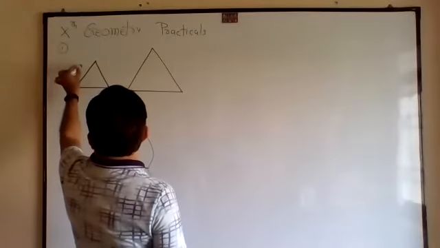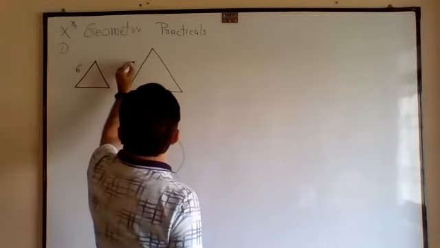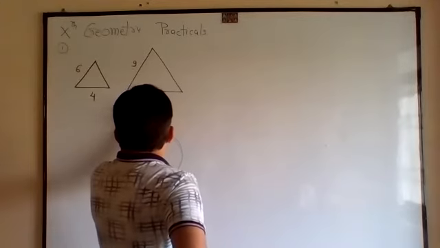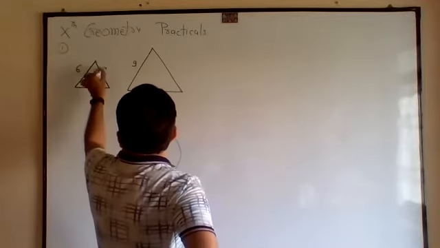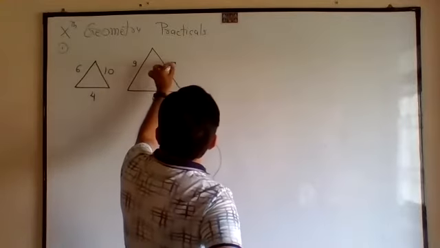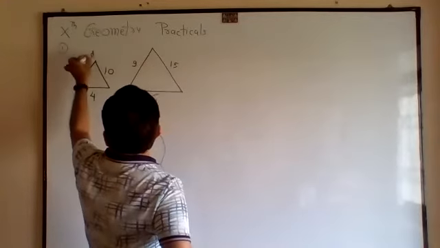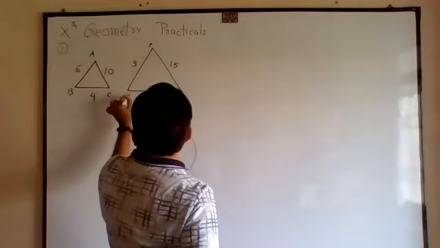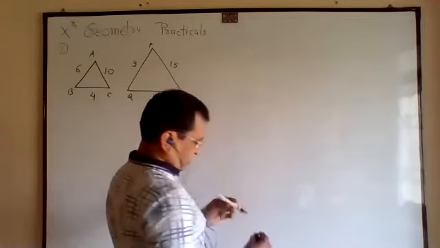For example, it is 6, 9. For example, it is 4, 6. For example, it is 10, 15. This is A, B, and C. This is P, Q, and R.